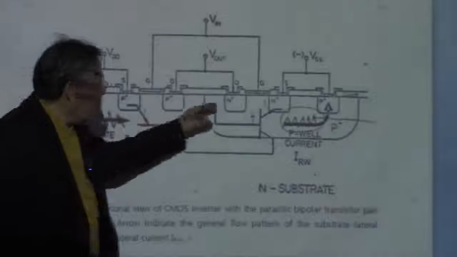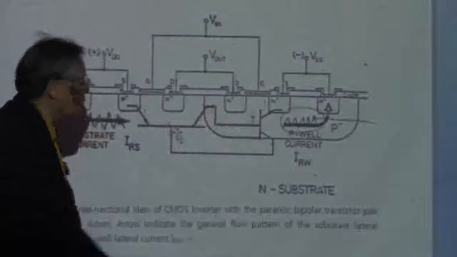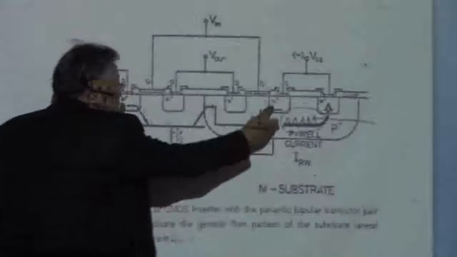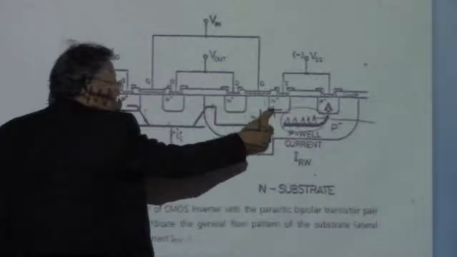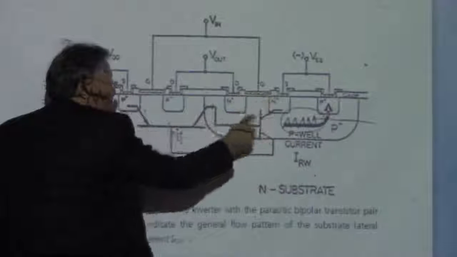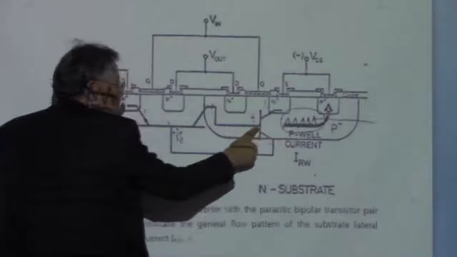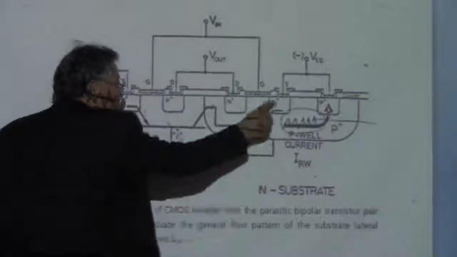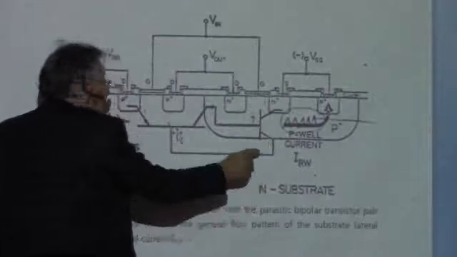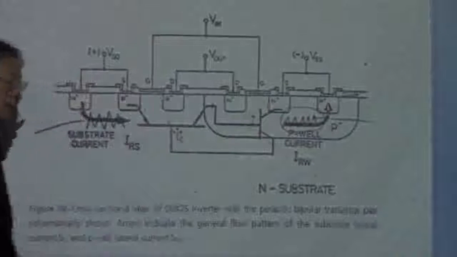And then that current is also going to be collected in this vertical bipolar again, which is the N plus of the NMOS, and then P well, and then N substrate, the N plus P N bipolar.